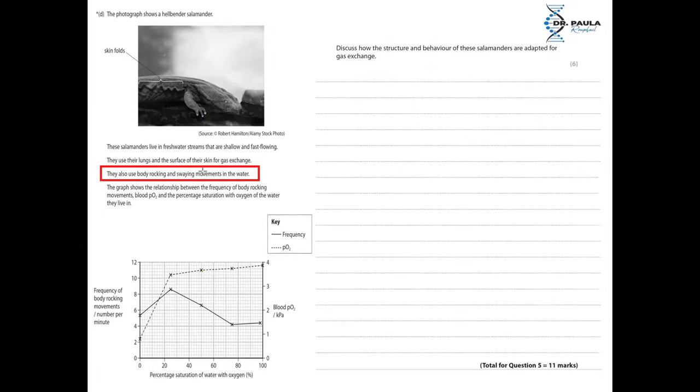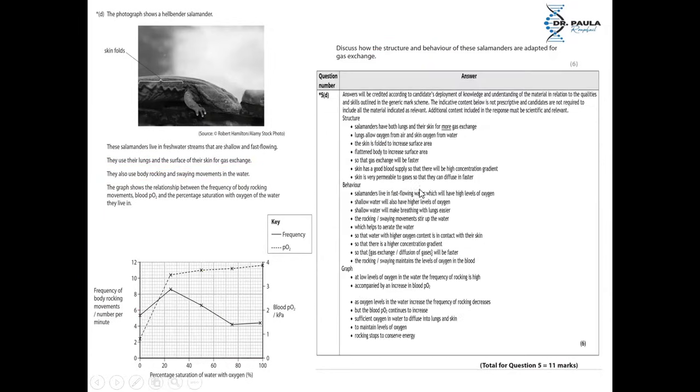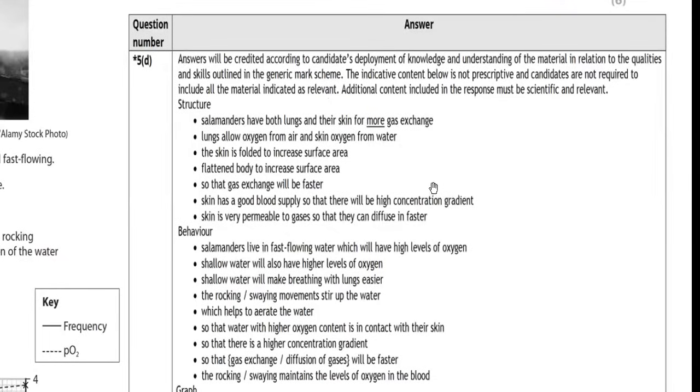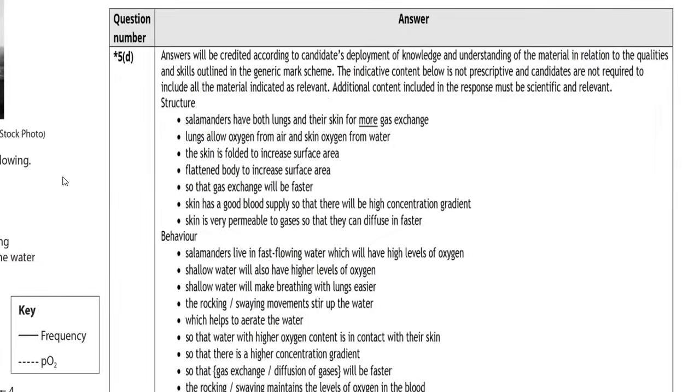Perfect. So let's see what they are expecting in the mark scheme together. Let's read it together. You can see here, for sure, no bullet points. You're going to write a logical sequence, as we said, as a clear passage or paragraph.